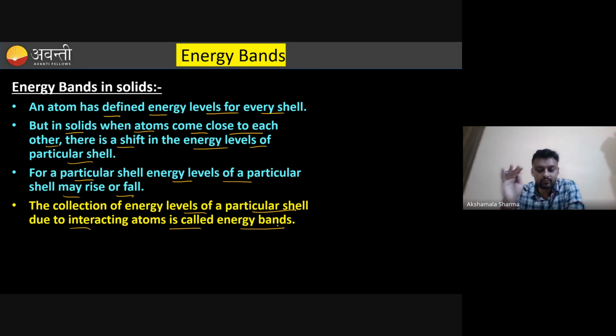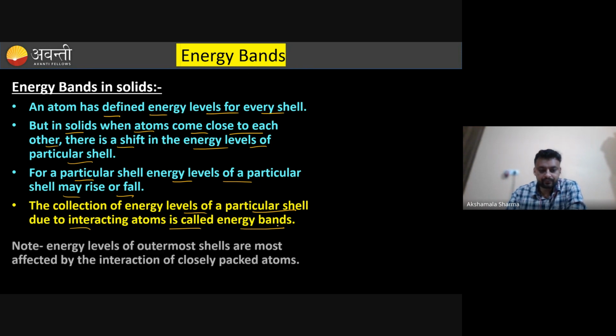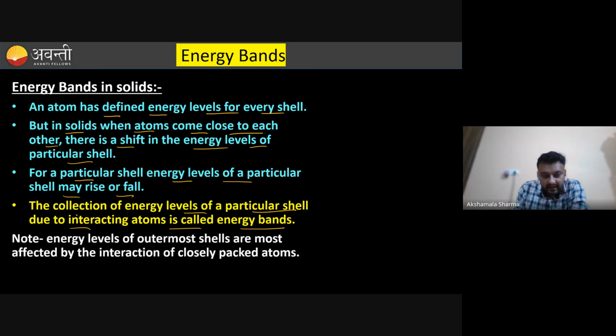Now, a very important point: energy levels of the outermost shells are most affected by the interactions of closely packed atoms in solids. I have described all these things already, that the outermost shells are mostly influenced by the nearby atoms. I think everything is clear till now.